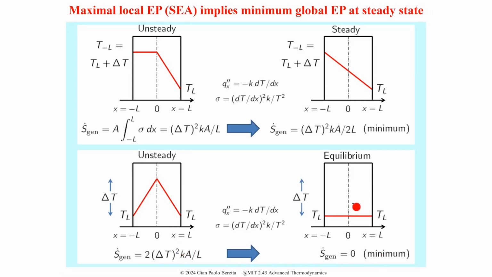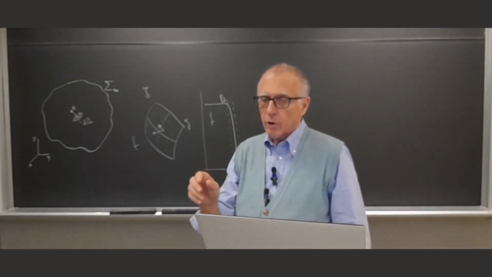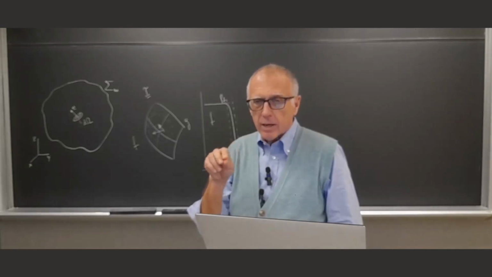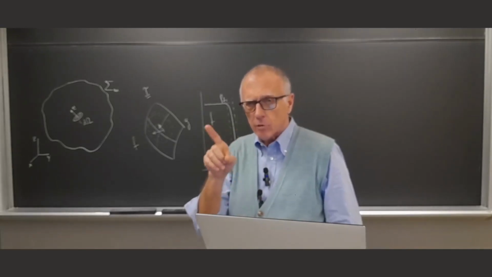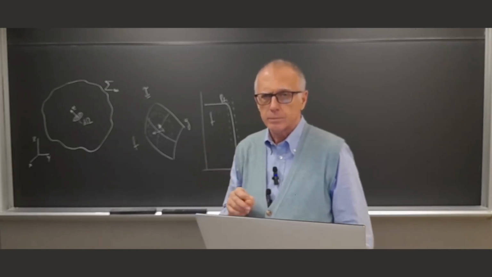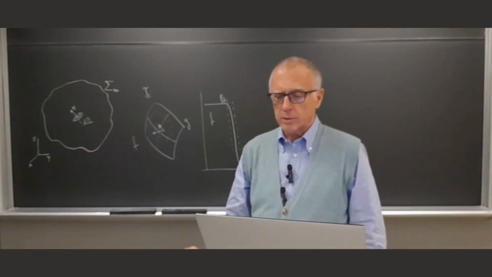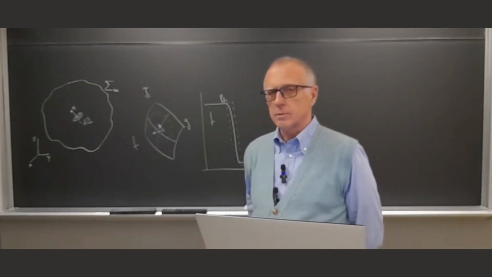So globally, it has gone down, but locally, at every instant, each material element here has followed Fourier's law, and therefore at any time has chosen the direction of flow that is compatible with the gradient imposed. All right, so we're just on time and just finished.